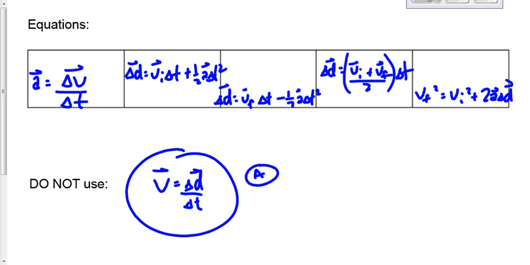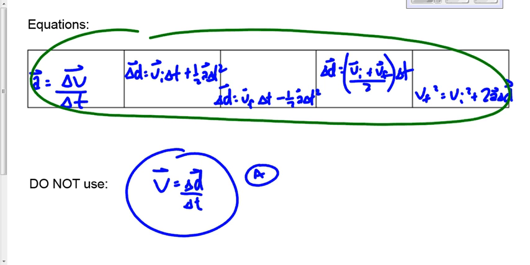We're only going to use that when we have constant or average velocity. We're going to call our new ones our group B equations, and use them when we have an acceleration, speeding up or slowing down.